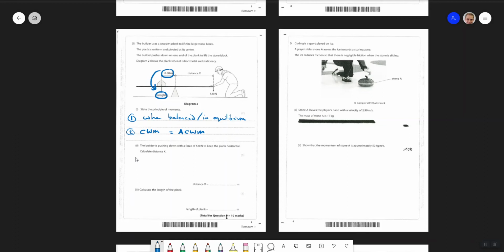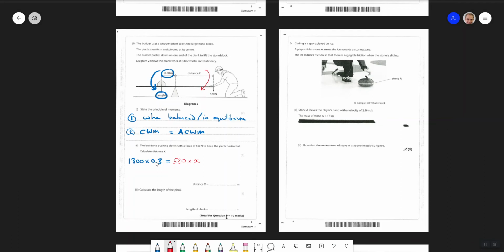So what you've got here is that 1,300 times 0.3, that's going one way, and that's got to equal our thing going in the other direction, which is this force of 520 times this distance x, so equals 520 times our unknown distance. You get a mark for either expression of these.